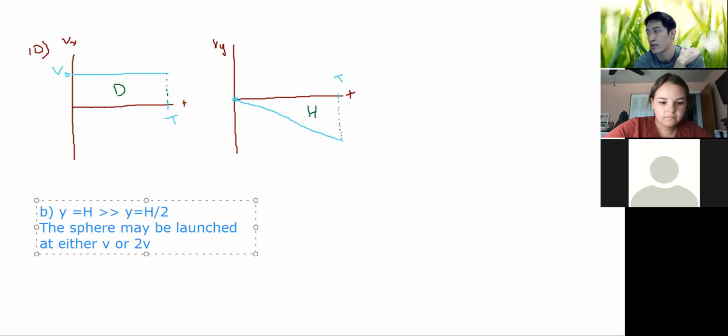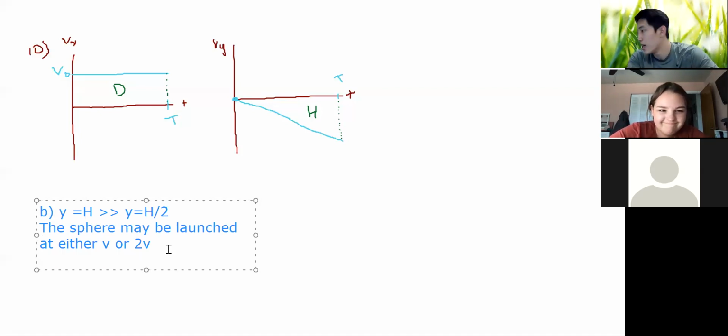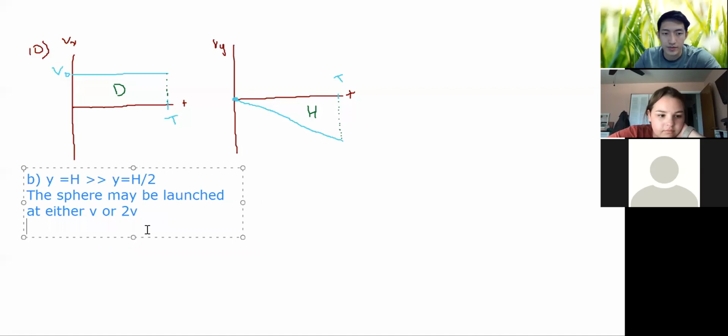I just wrote down the things in the question. Everything good? Oh, okay, he's typing in chat. Okay. So essentially, in your explanation, you want to include as many logical things as you can come up with.